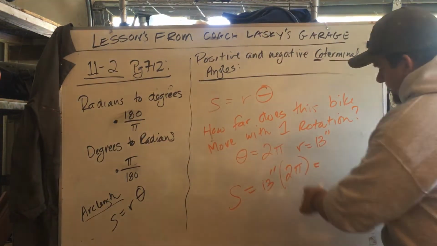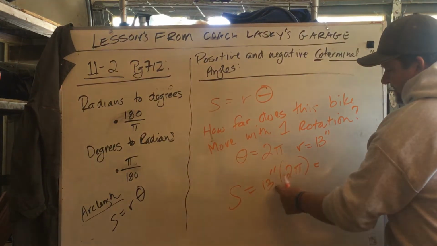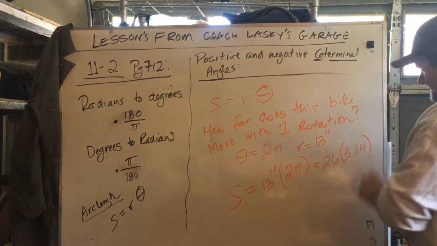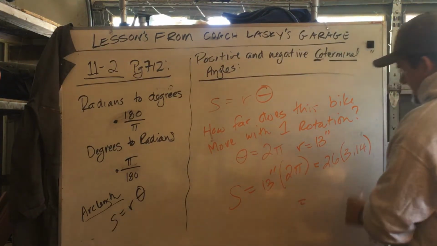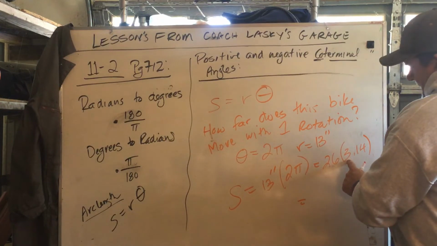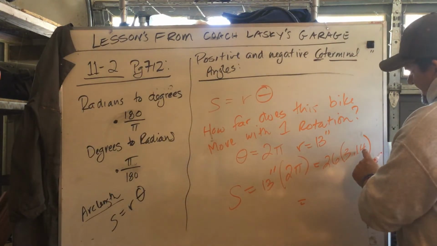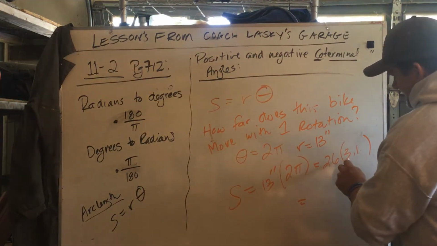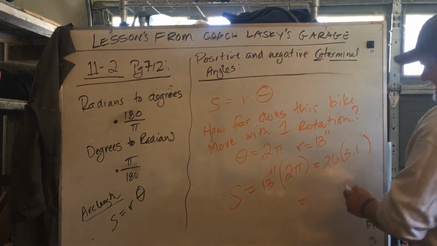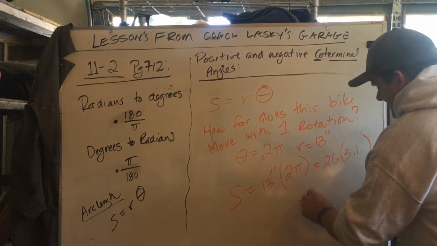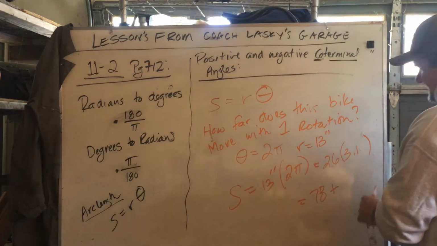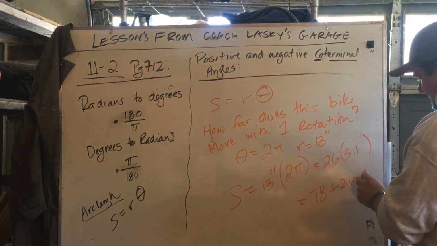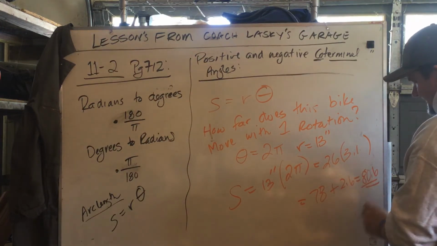So 13 times 2 is 26 times 3.14. Let's just estimate this, so I'll just use 3.1. 3 times 26 is 78, plus 0.1 times 26 is 2.6, so approximately 80.6 inches.